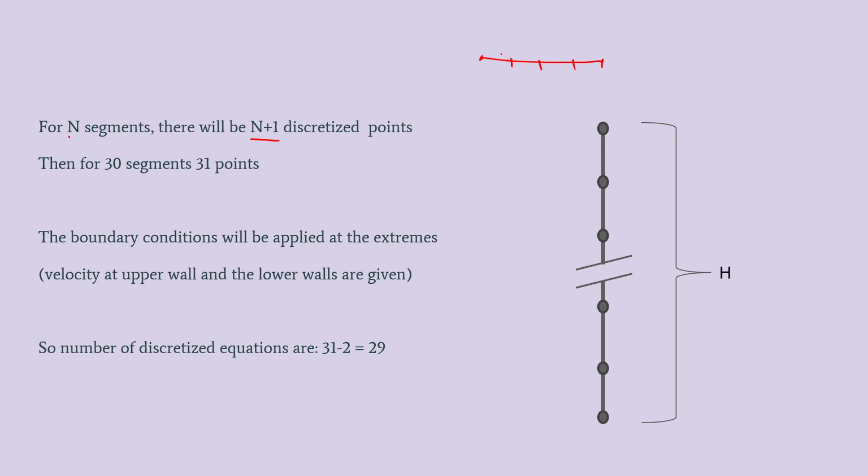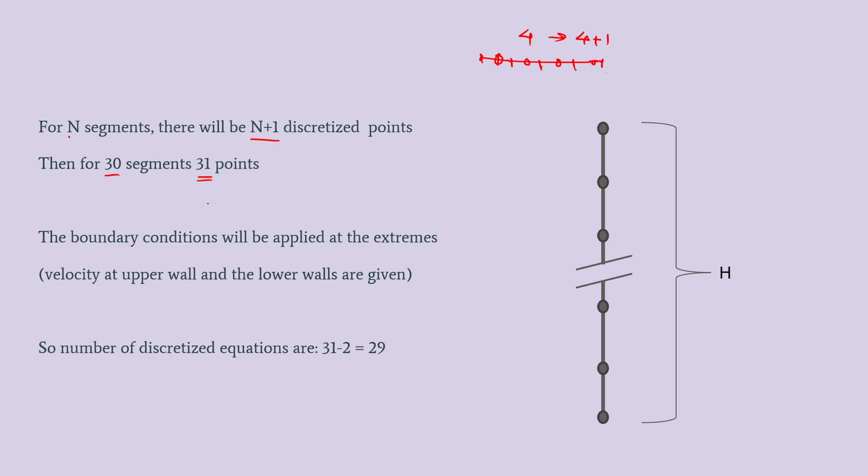So we can see there are four segments, but now there are five nodes: one, two, three, four, five. So for four segments, we need 4 plus 1, that is 5 nodes. That's how it is. For n segments, there will be n plus 1 points. So in our question, it is 30 segments, then there will be 31 points.